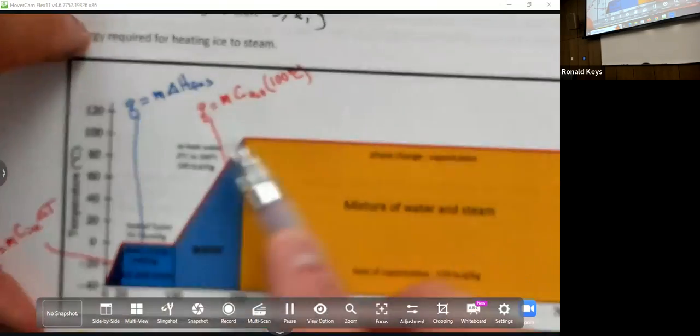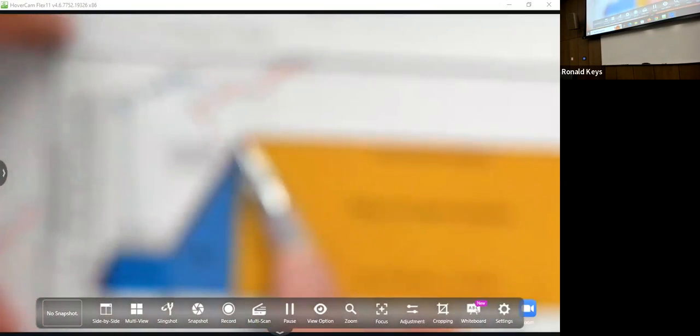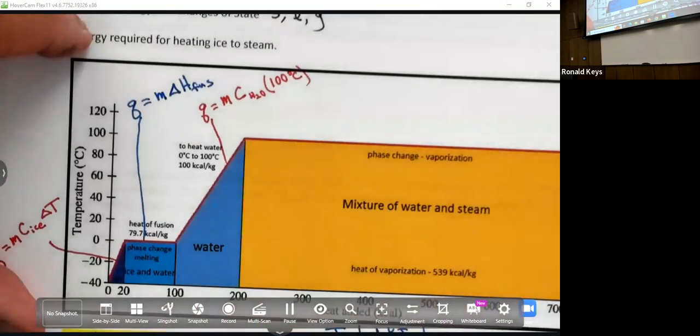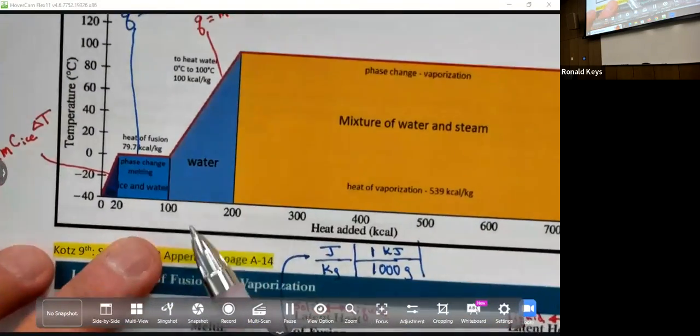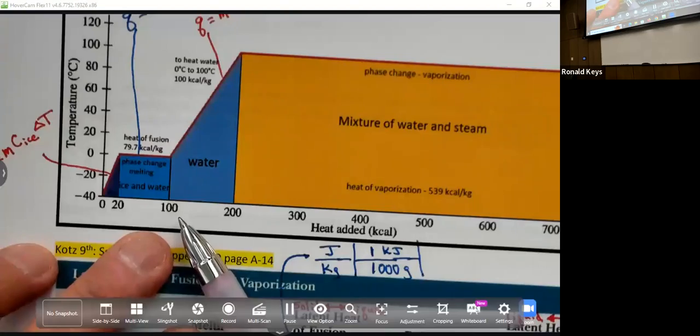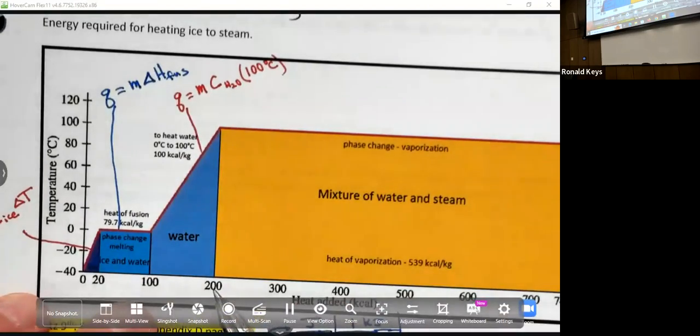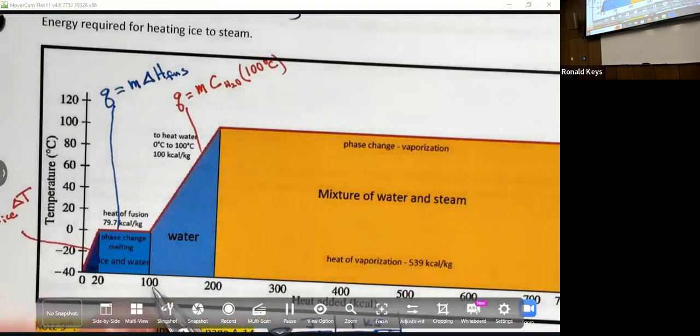Right here, we have liquid water at 100. And by the way, you can see the values here. I'm changing my temperature by 100 degrees, and it takes, this is in kilocalories, 100 kilocalories.